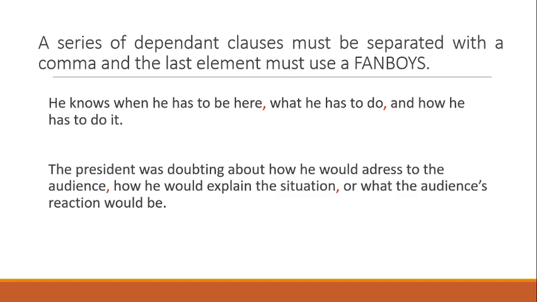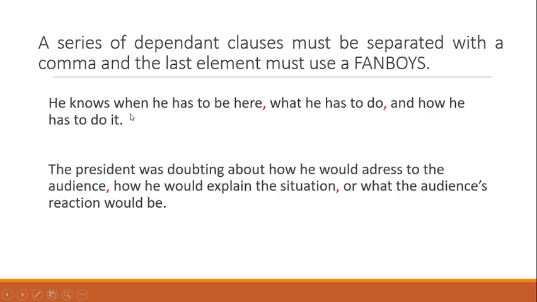Number three, a series of dependent clauses must be separated with a comma, and the last element must use a FANBOYS conjunction. What happens here? Sometimes you use a series of clauses in the same complex sentence.